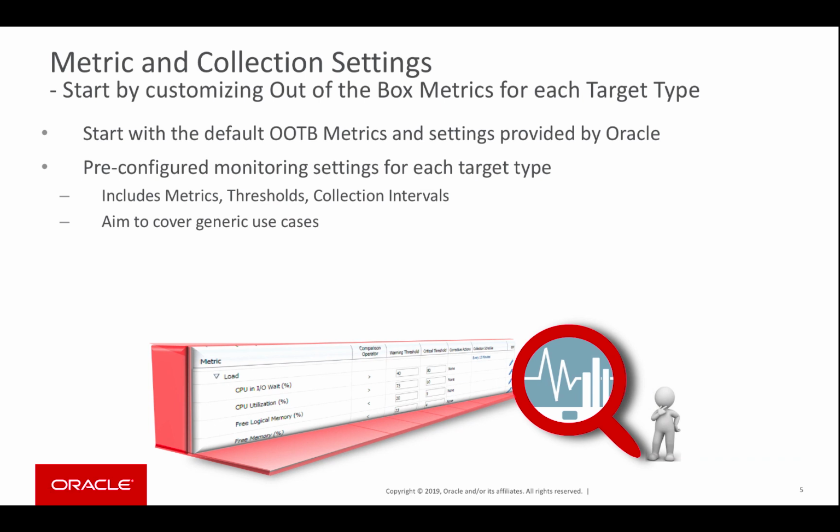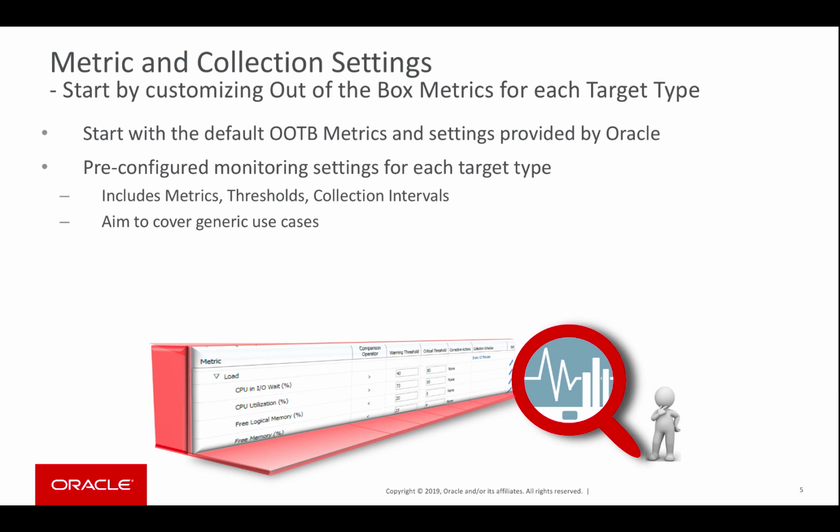Once you have Enterprise Manager set up, and if you're going to start monitoring a new target type, one way to go is to look at our out-of-the-box metrics and settings. Enterprise Manager ships with pre-configured monitoring settings for each target type. This includes metric thresholds and collection timings. So when you install Enterprise Manager the first time and open the metric settings page, you will see some metrics enabled and some already have threshold values set.